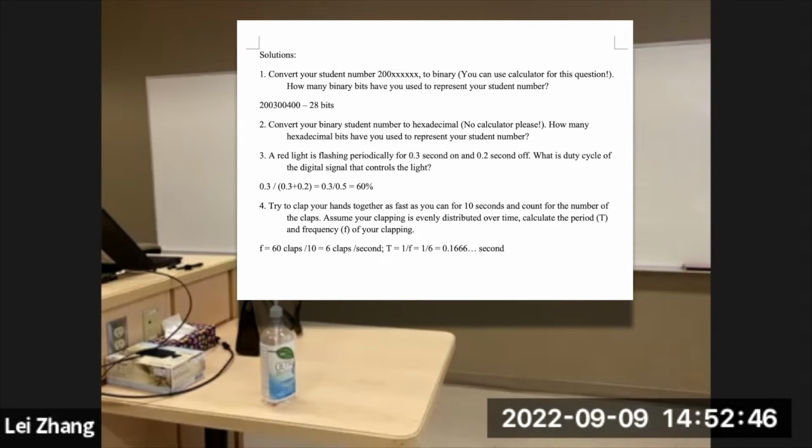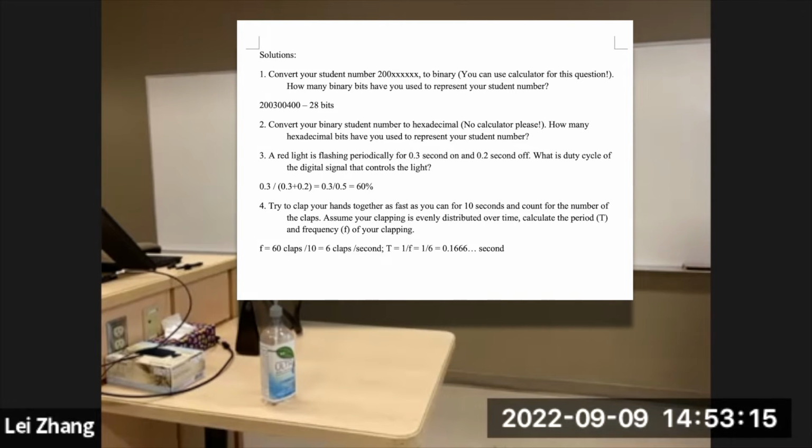That should be easy. Divide this by 4, so 7 hexadecimal digits we need to represent our student number. So your unique student number can be represented either by 28 bits of binary, 9 decimal digits, or 7 hexadecimal digits.